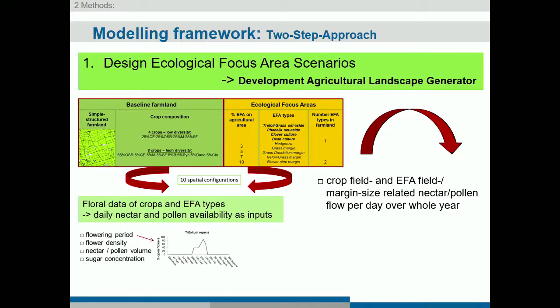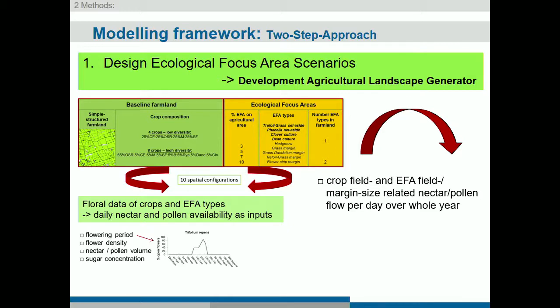And to get daily nectar and pollen flow maps as input for the next modeling step, we implemented here the flow data of crop species and the plant species for the ecological focus area types, and calculated the pollen and nectar flow on a daily basis over the whole year, related to the crop field size or the size of the ecological focus area field or margin size.